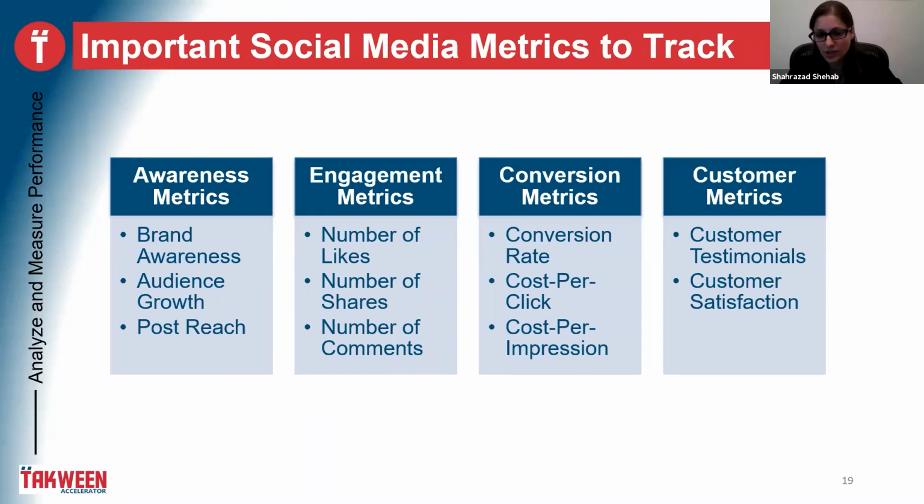Finally, customer metrics. You need to keep an eye on your customer testimonials, that is reviews, comments, or endorsements, and customer satisfaction, which is a metric that measures how happy people are with your product or service.